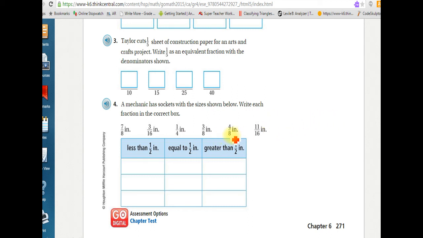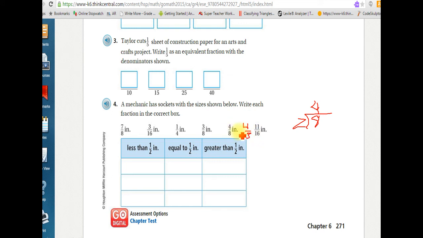Okay, so again, I use the denominator as my benchmark, and I want to see what's half. What's half of 8? That'd be 4. So that tells me that 4/8 would be exactly half. So is 4/8 less than 4/8, equal to 4/8, or greater than 4/8?